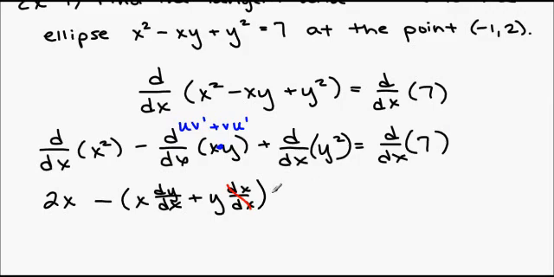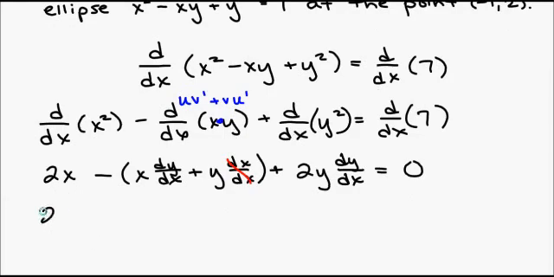Okay. Plus, derivative of y squared is 2y dy/dx. Okay. Equals, derivative of 7 is 0. Okay, simplifying.